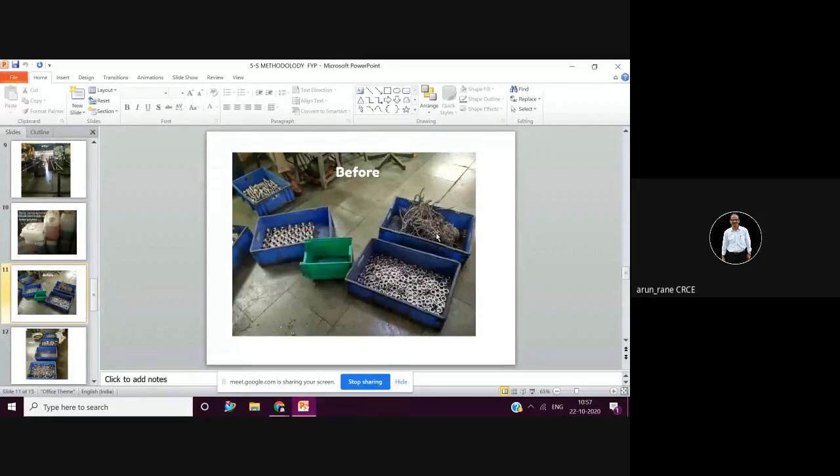Rates for the brass or the bronze, non-ferrous, are different. You get more price for the brass or for the bronze. You get less price for the MS, and of course for the aluminum also you get a good price. So you have to see that you arrange the scrap also properly.